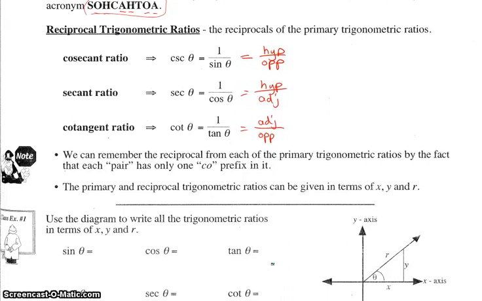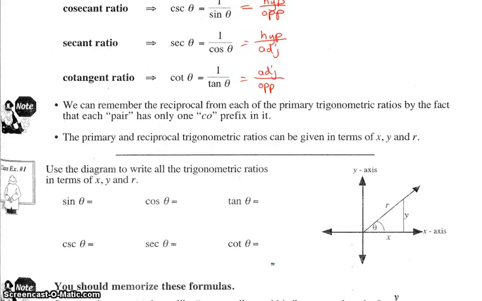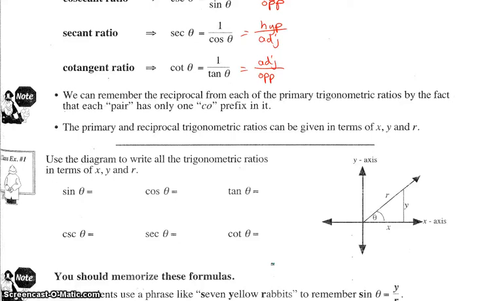What we're going to be doing in 30-1 is relearning those ratios in terms of x, y, and r, because we need to now be looking at rotation angles, and it's not necessarily a nice triangle anymore. So let's stay in quadrant 1 basically, but redefine what sine theta, cos theta, tan theta, all of our 6 trig ratios, the primary ones, sine, cos, tan, and the reciprocal ones, would be.